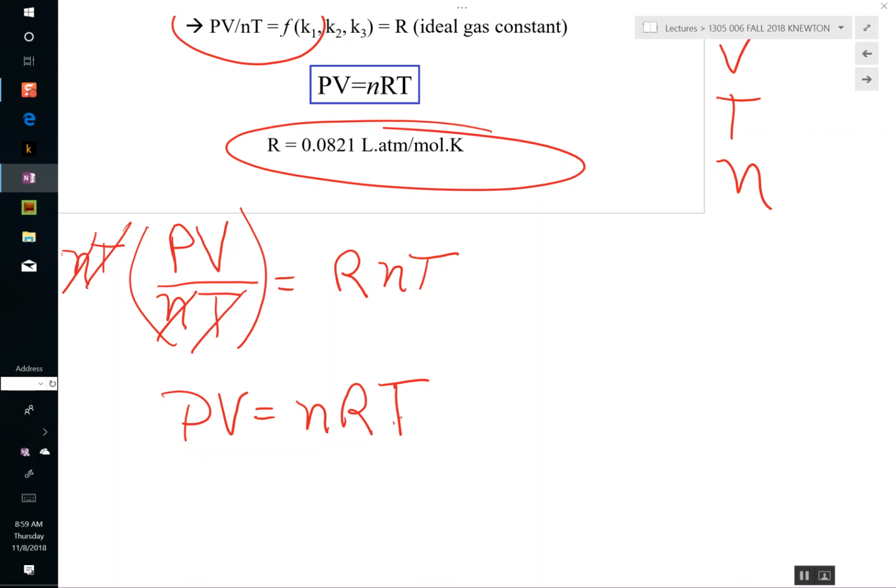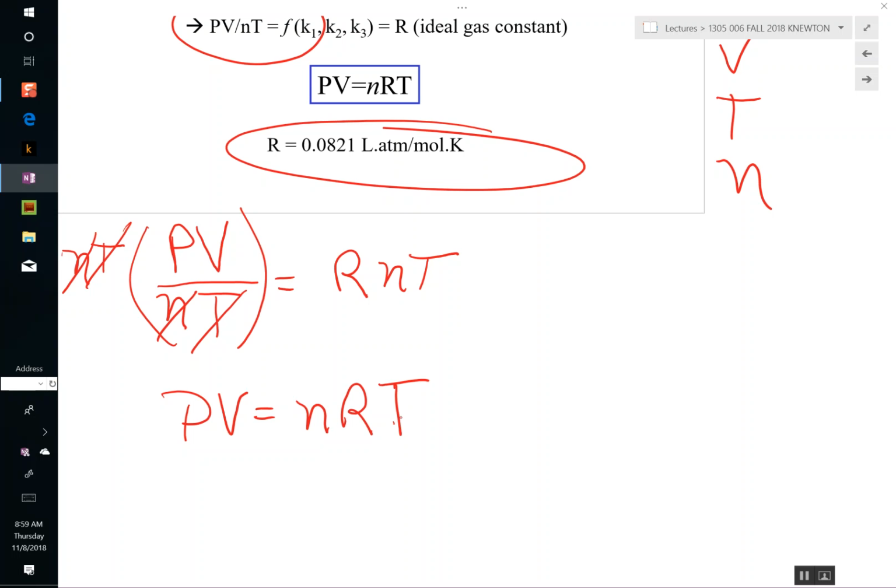Now, let me point out some other interesting things about this. On every one of these laws, we were saying, okay, we started here, we ended here. So what was our V2 or whatever we want to calculate? We started here and we want to figure out what the original temperature was.